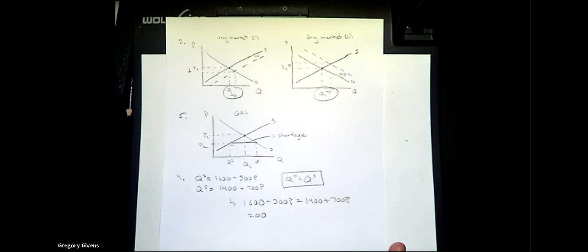And if we add 300 times P to both sides of the equation, we get 1000 times P.